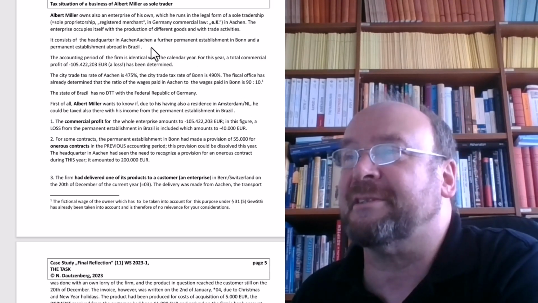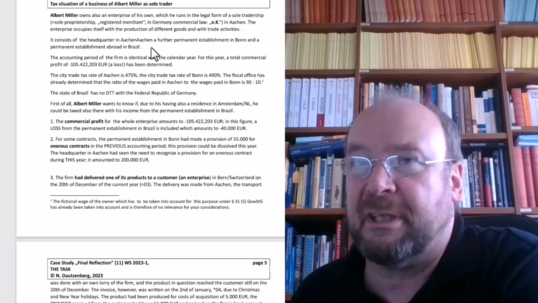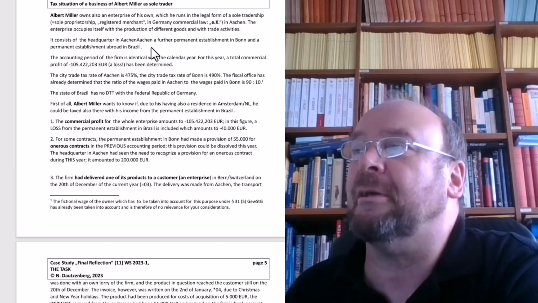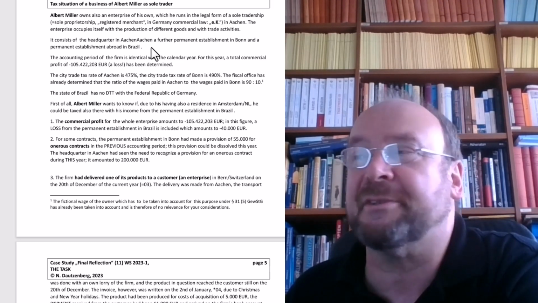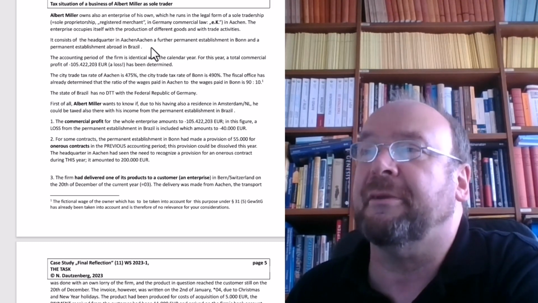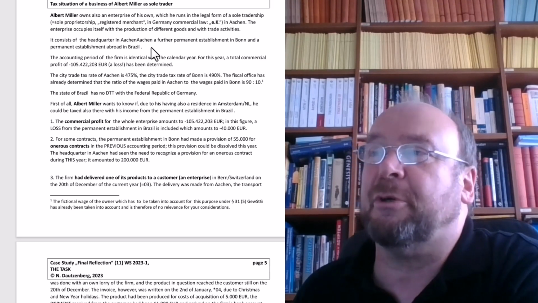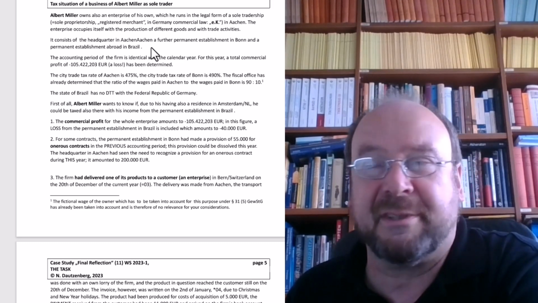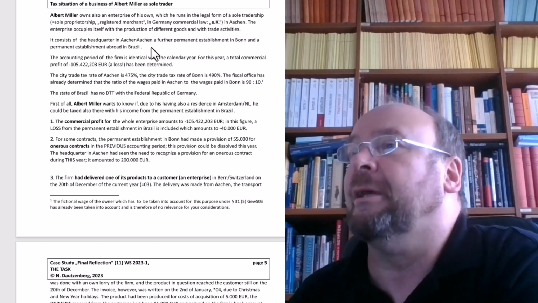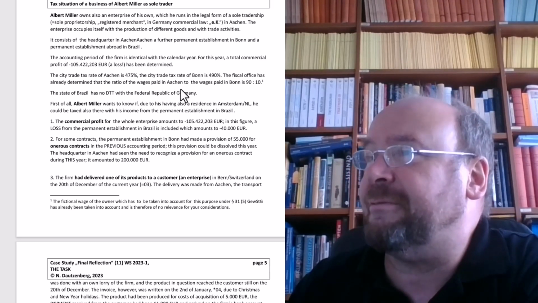And another printing mistake is directly above. The firm consists of the headquarter in Aachen, a further permanent establishment in Bonn in Germany. And you probably still know Bonn. It was 30 years ago, or some 35 years ago, the seat of the German government. And they have a permanent establishment abroad somewhere in Brazil. Now, the city trade tax rate of Aachen is 475%.